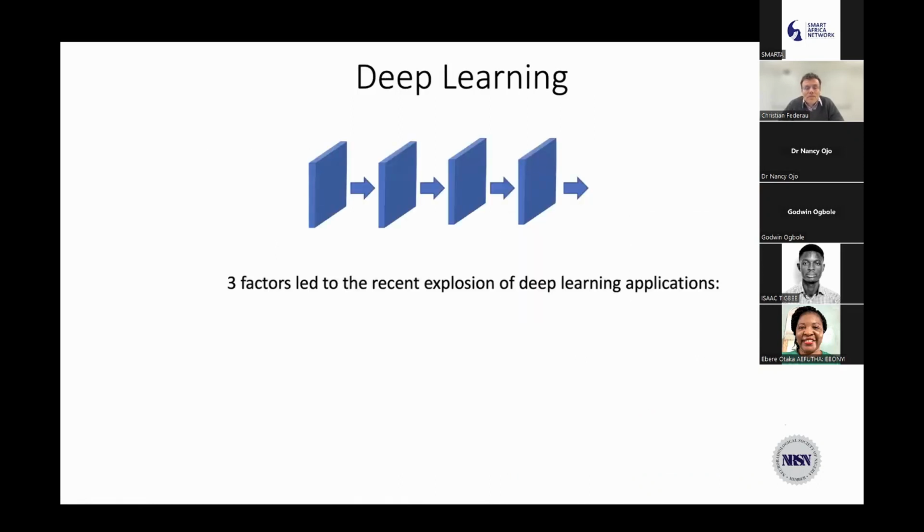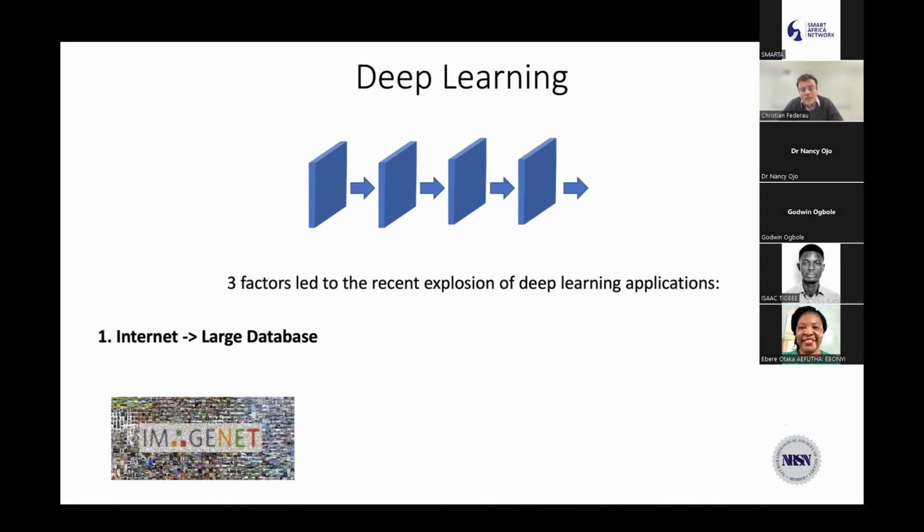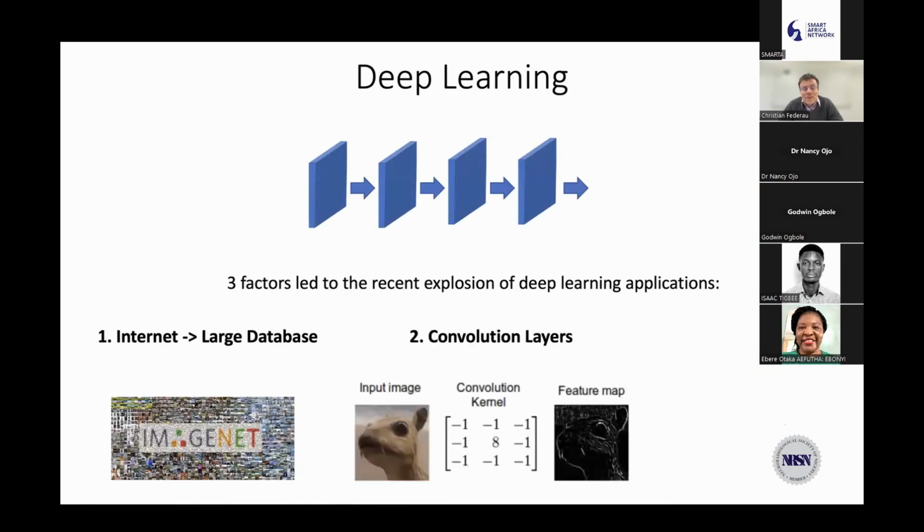So deep learning: there have been really three factors that led to the recent explosion of deep learning applications. The first is just the internet, so that large databases of images were accessible all of a sudden. The second is the implementation of the convolutional layer.